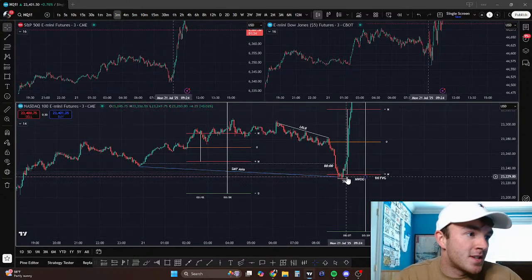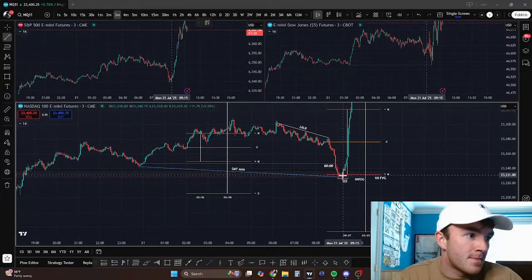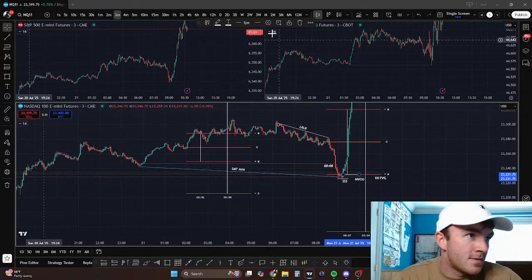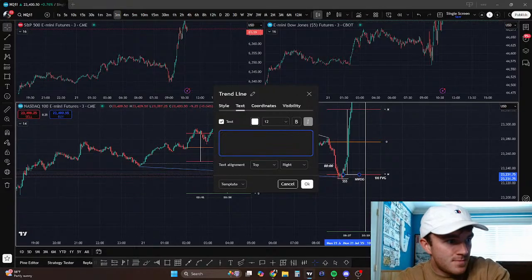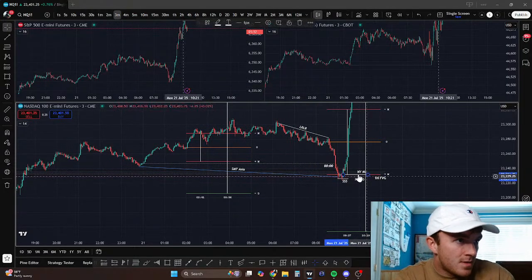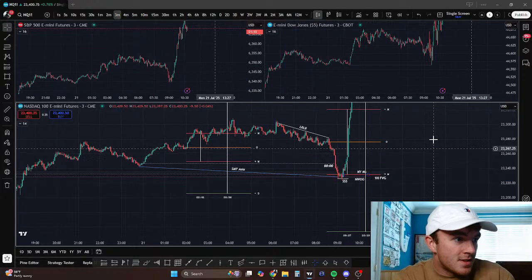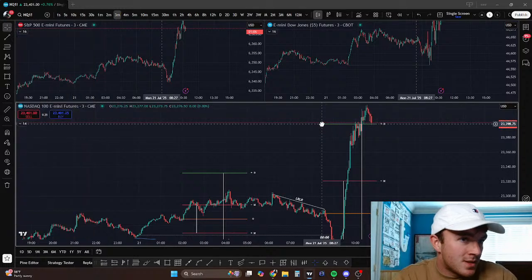We go to our statistical manipulation level for New York session. Statistically, on a bullish day, we go to this red line. Statistically, on a bullish day, we distribute to this green line, right?